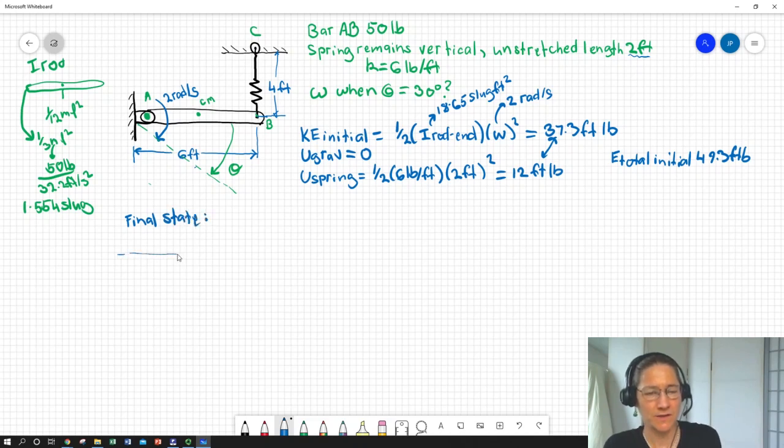And we're going to do a second little sketch here just to make life easier. Here's point A. Here's our rod. So point B has gone from here to here. And our center of mass has moved down over a bit. And the important thing to know is we have 30 degrees.